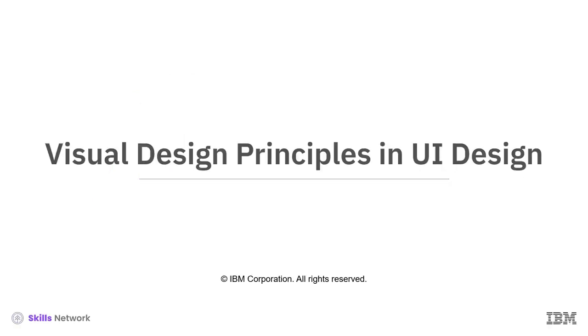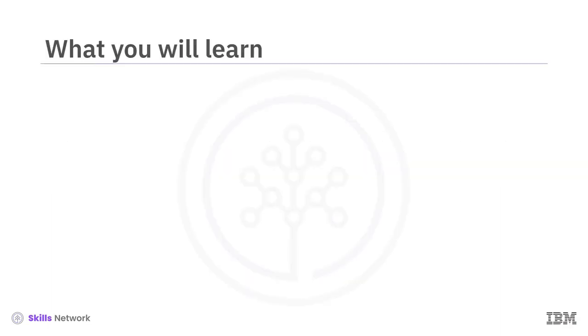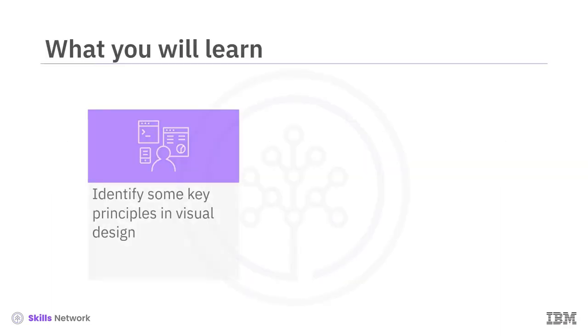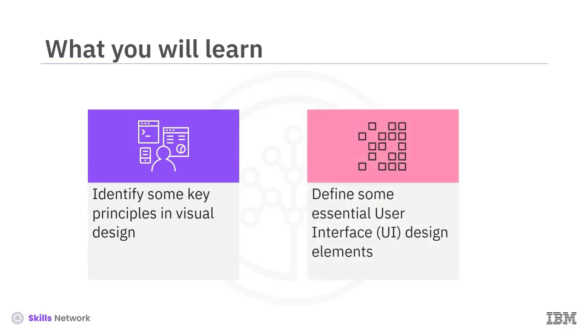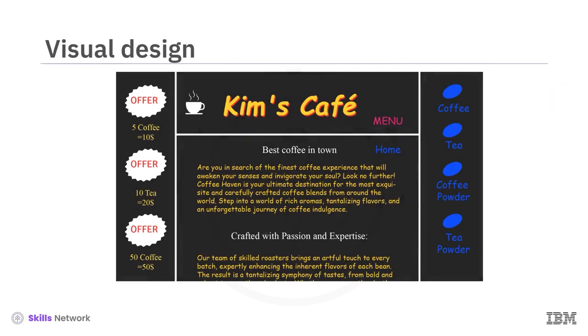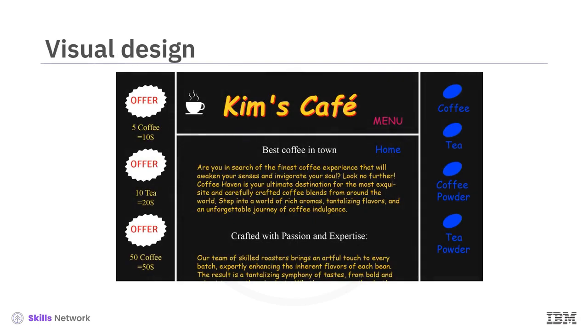Welcome to Visual Design Principles in UI Design. After watching this video, you will be able to identify some key principles in visual design and define some essential user interface UI design elements. A bad UI can be confusing, unintuitive, and inefficient, making it difficult for users to interact with.